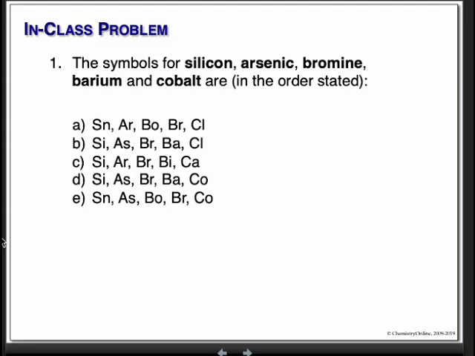So, we're dealing with Si, that's these three. Arsenic, well, I didn't actually talk about it, but we did say Ar was argon, so As must be arsenic. Bromine was Br. Barium, we just said, was Ba. And cobalt, remember, it was the one that wasn't copper, it's Co.